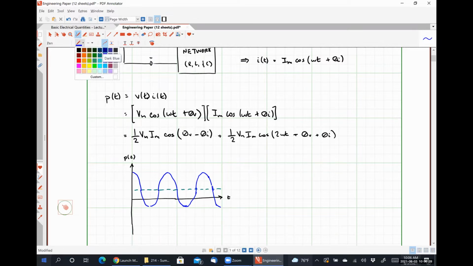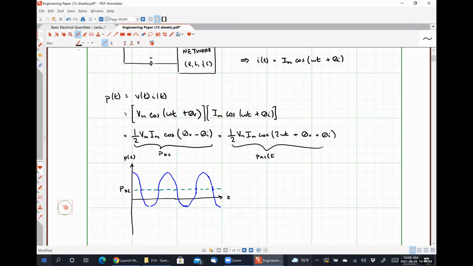What that offset power is, is the DC contribution to the instantaneous power, and then superimposed on top of that DC contribution is this sinusoidal waveform, where this sinusoid is actually operating at twice the frequency of the voltage signal and twice the frequency of the current signal.